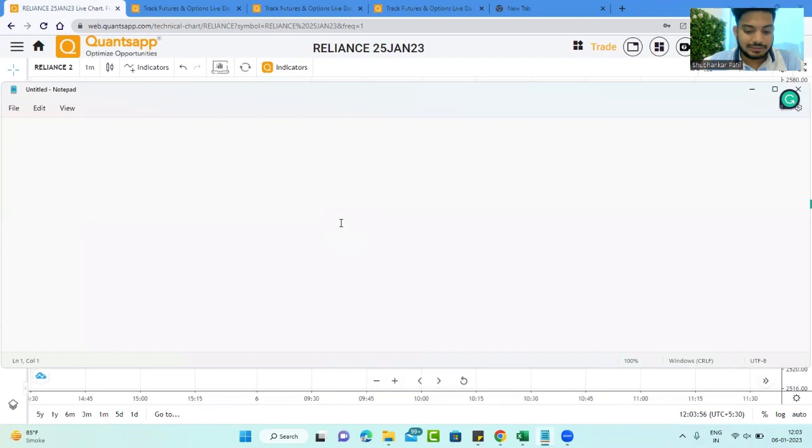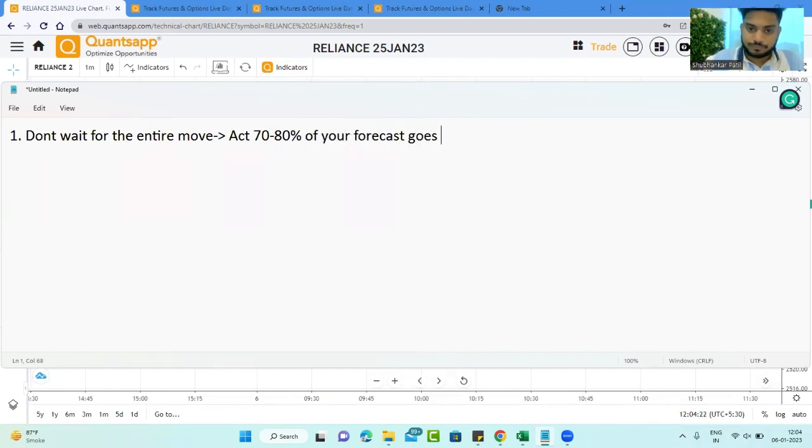So the first actionable from here is don't wait for the entire move. That means do not wait for your entire target to get achieved. Start acting whenever 70 to 80 percent of your forecast goes right.